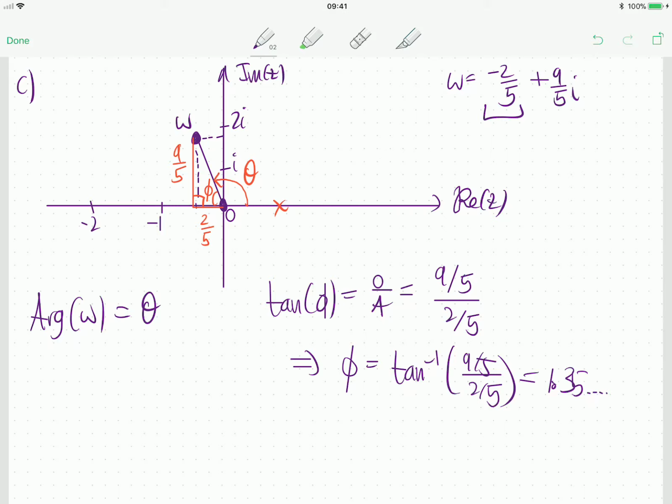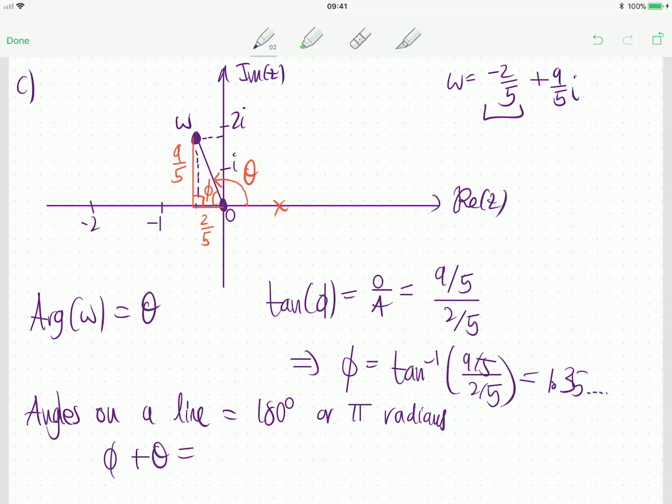So from this, well, the angles on a line add up to 180 degrees, or pi radians. So my phi plus my theta is pi, which means the argument theta is pi minus phi.